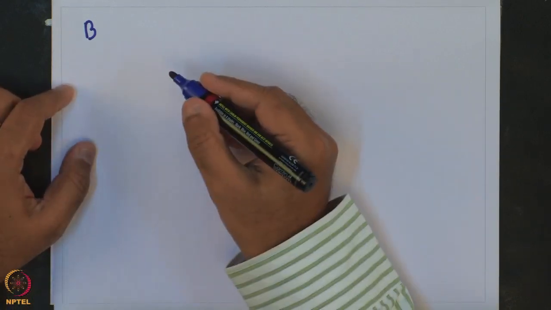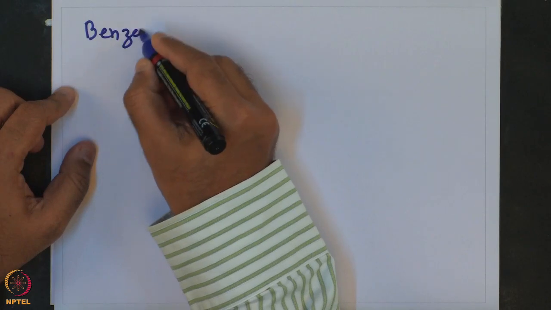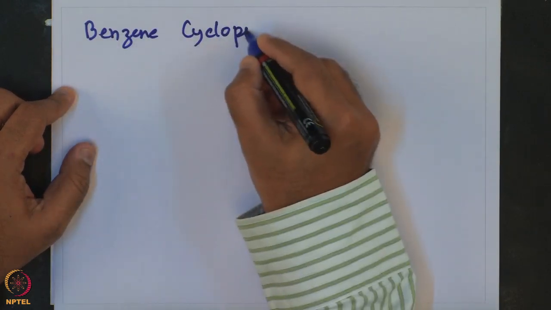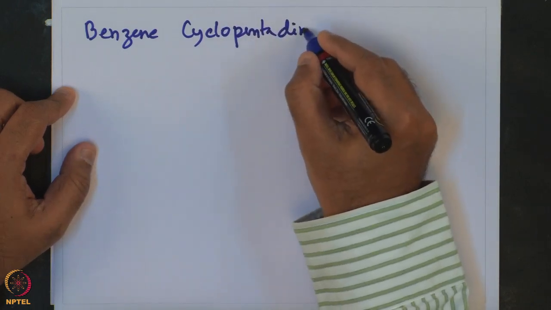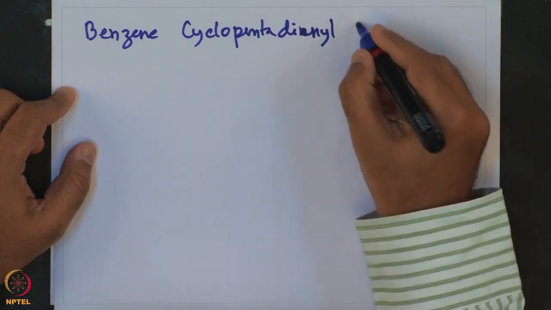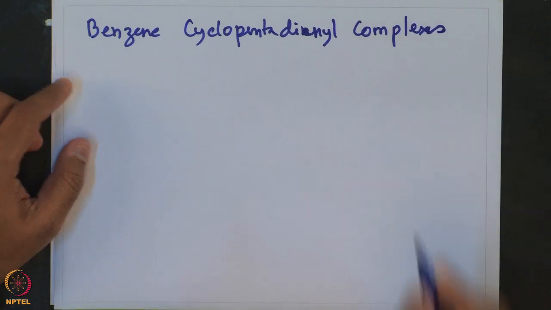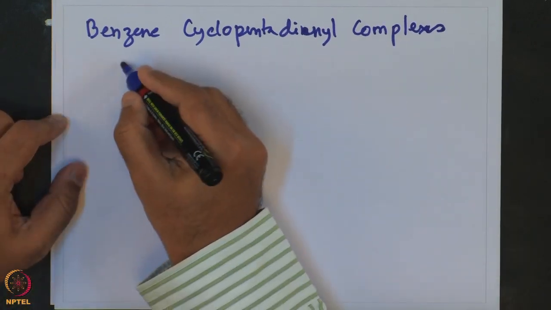So, the next few minutes of this lecture would be dedicated to benzene cyclopentadienyl complexes, and these are complexes with both 5 and 6 membered rings.